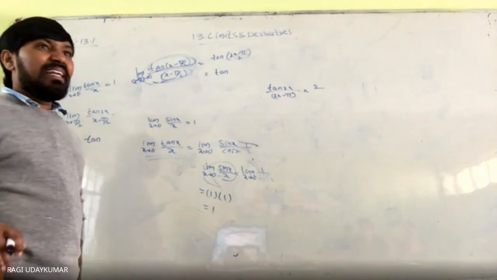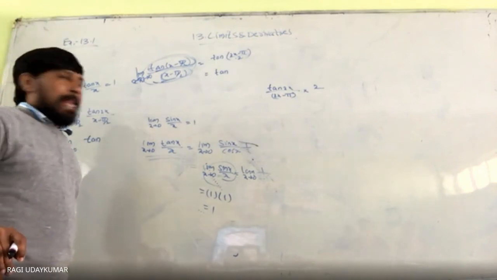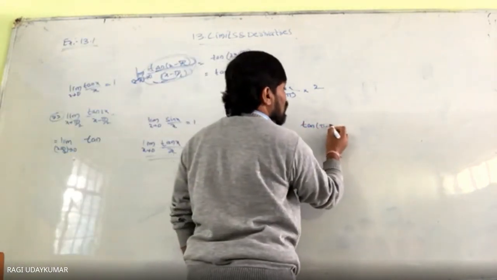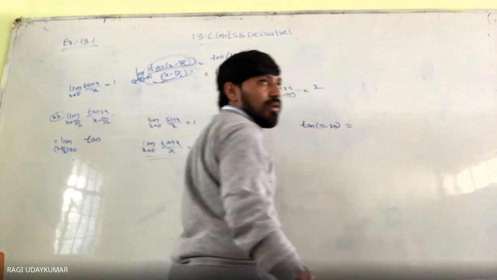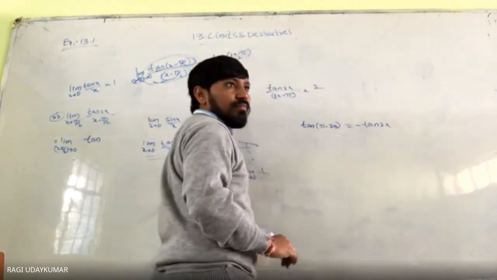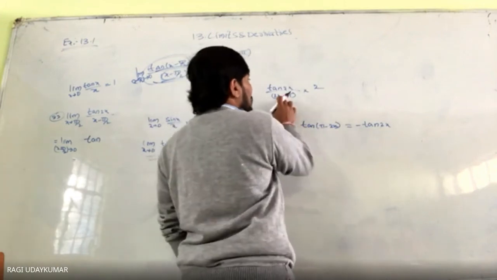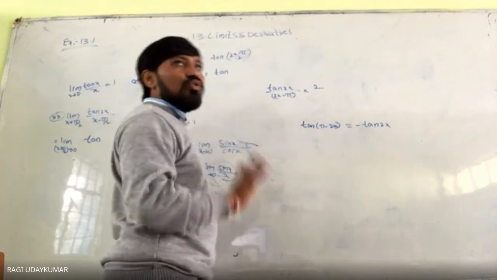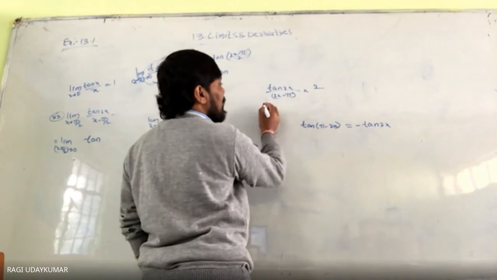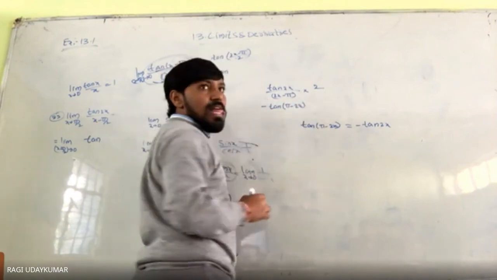So tan 2x can be written as tan of pi minus 2x. Actually, what is tan of pi minus 2x? Minus tan 2x. Is it minus tan 2x? But here, whenever you are doing the same thing, the minus is common. So you can write this as minus tan of pi minus 2x.